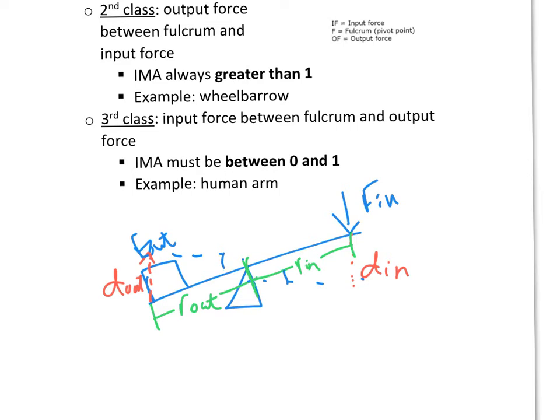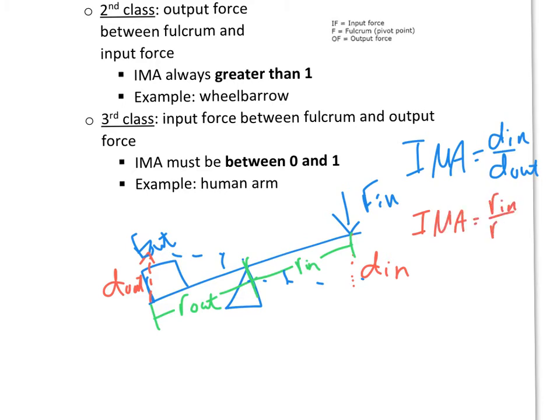The ratio, so IMA, we know, is D in over D out, but we're not always going to be given D in and D out. The ratio will work exactly the same, so for levers, IMA can equal R in over R out.